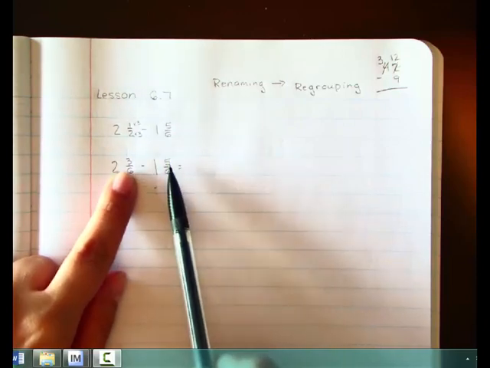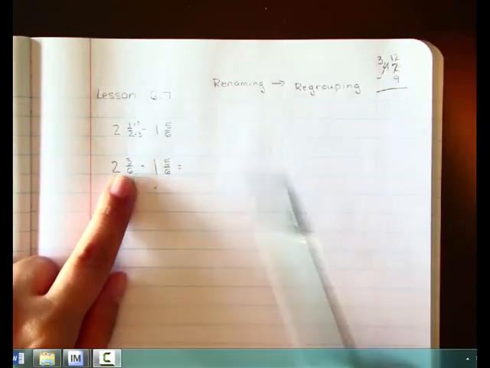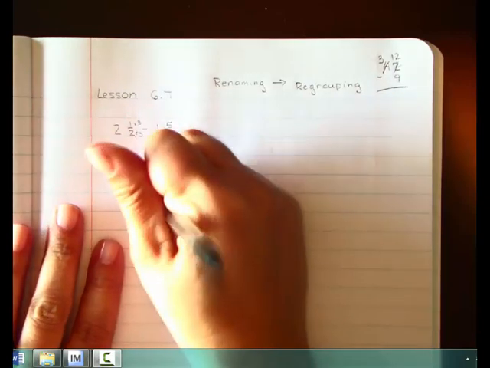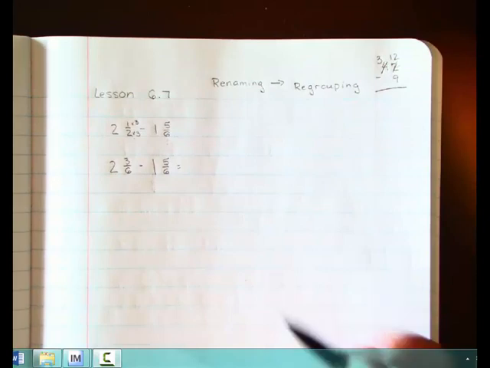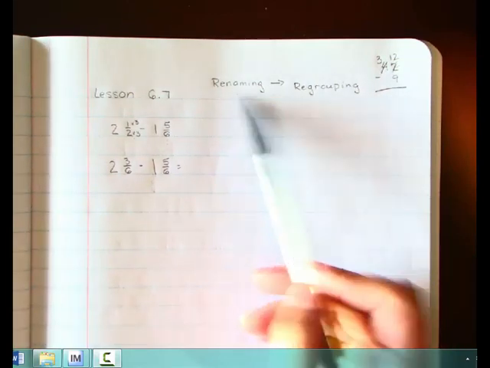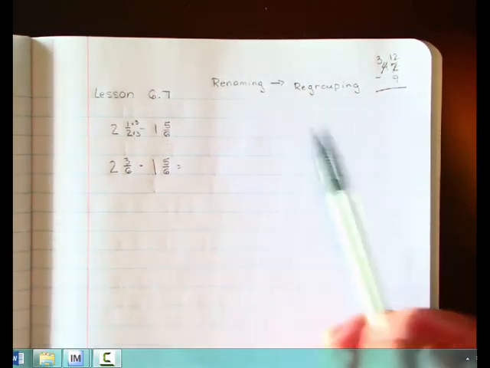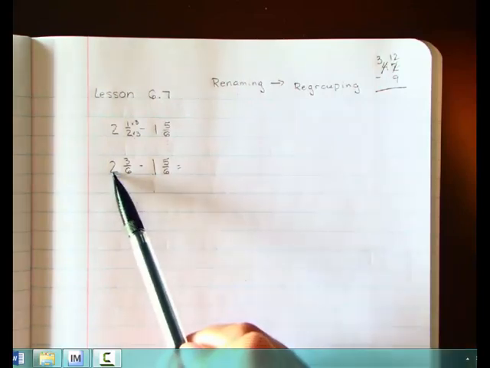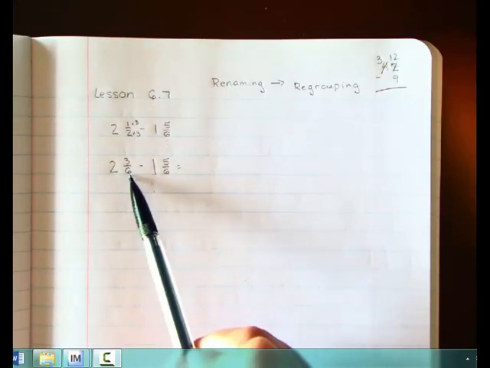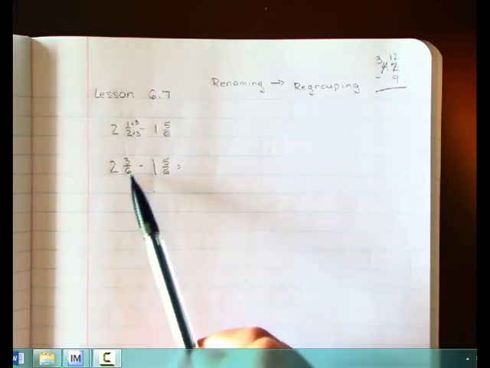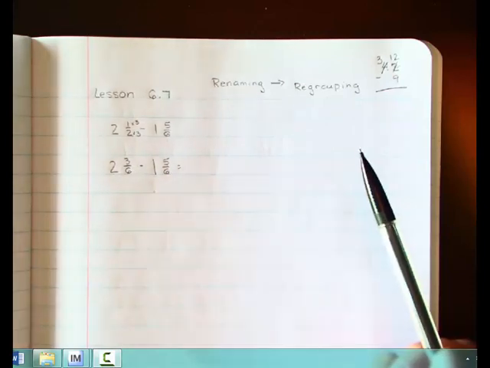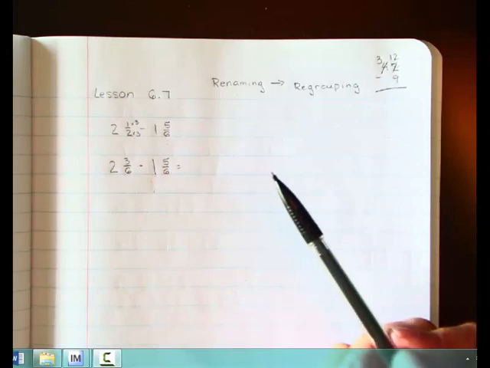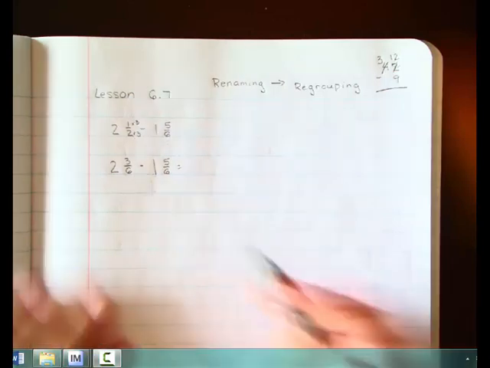Now that I have the same denominator, I see that I cannot subtract these because I cannot take 5 away from 3. So I need to make my 3 a larger numerator. In order to do that, I'm going to have to rename or regroup this fraction. A fraction that is equal to 1 is the same number in the numerator and the denominator. Right now we're working with 6 as our denominator, so 6/6 is equal to 1.